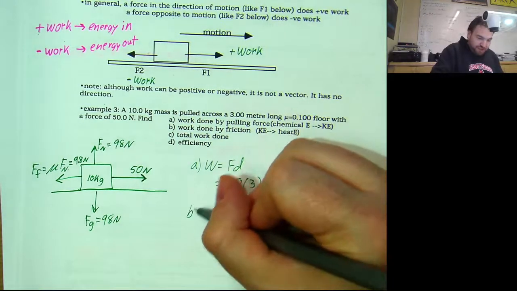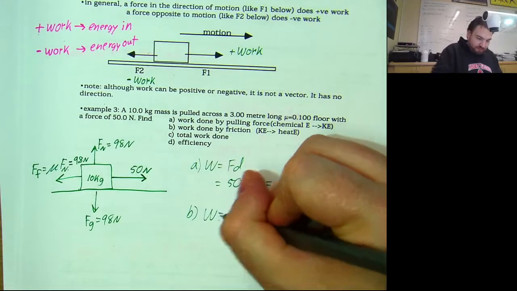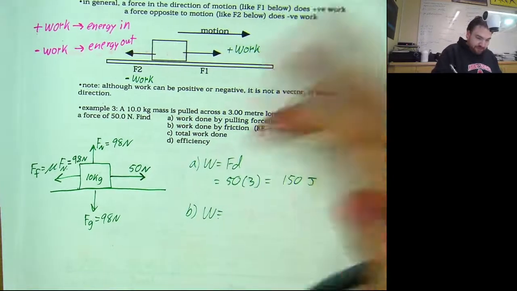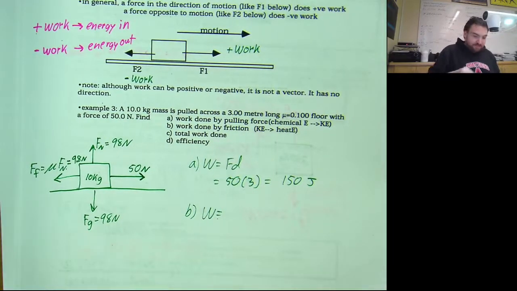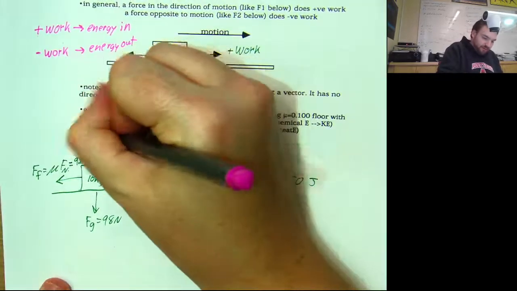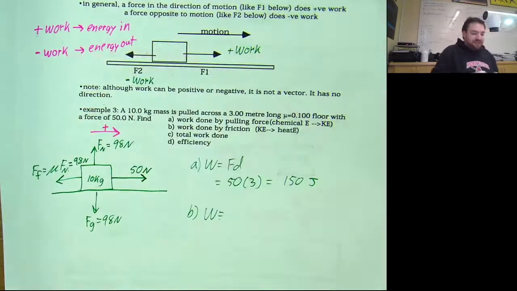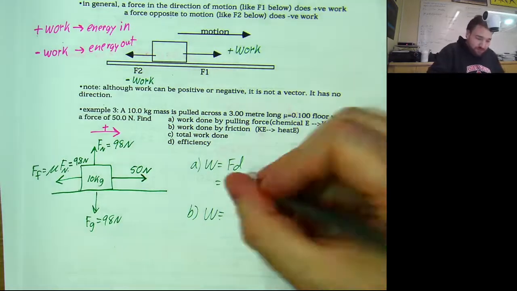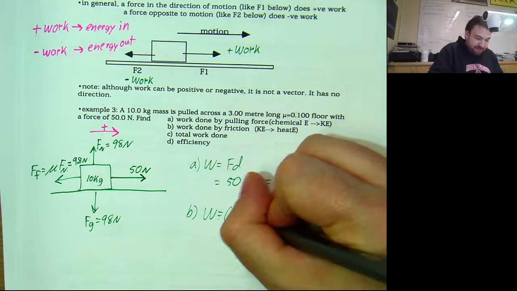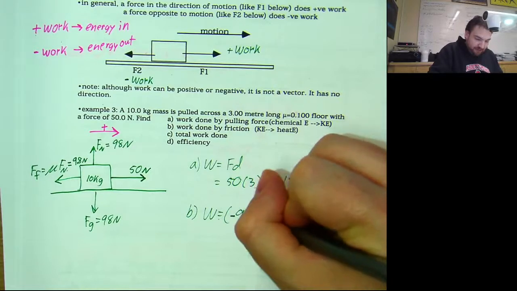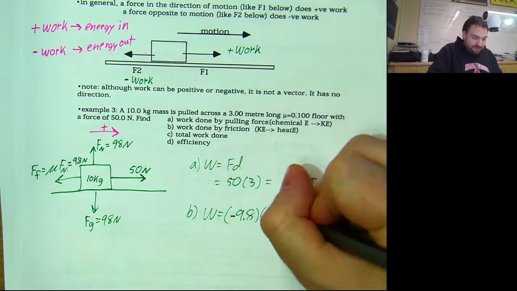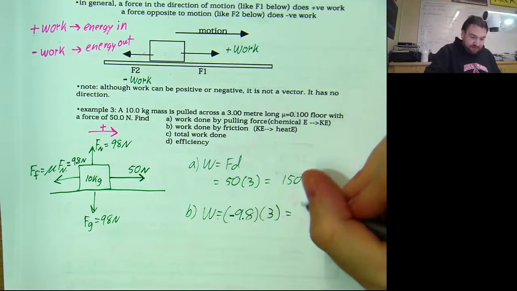The work done by friction: if my motion to the right is considered positive, then a force acting to the left is negative. So my force of friction acting to the left is going to be negative 9.8 times that same 3 meter distance.